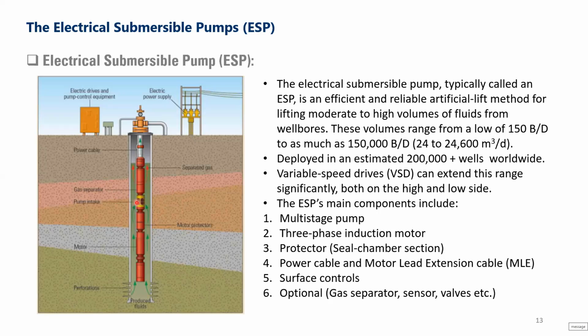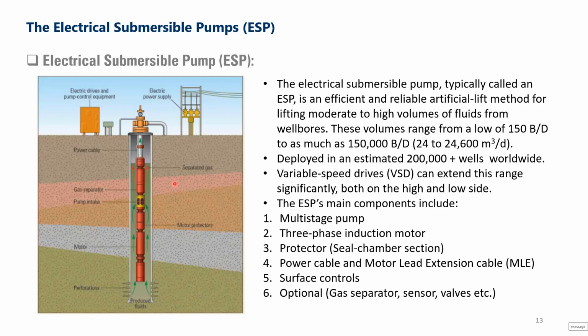To avoid this from reaching the motor and hence failing the motor, we install these seals or protectors. Because of the oil in the protectors, it will try to keep the water on top due to their differences in density. So it will avoid water coming into contact with the motor, and hence it will give you a longer run life. So this is the intake.